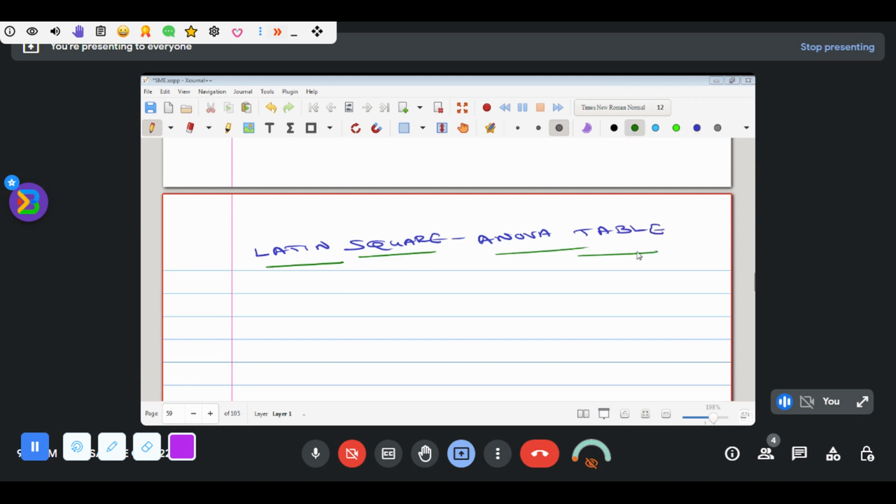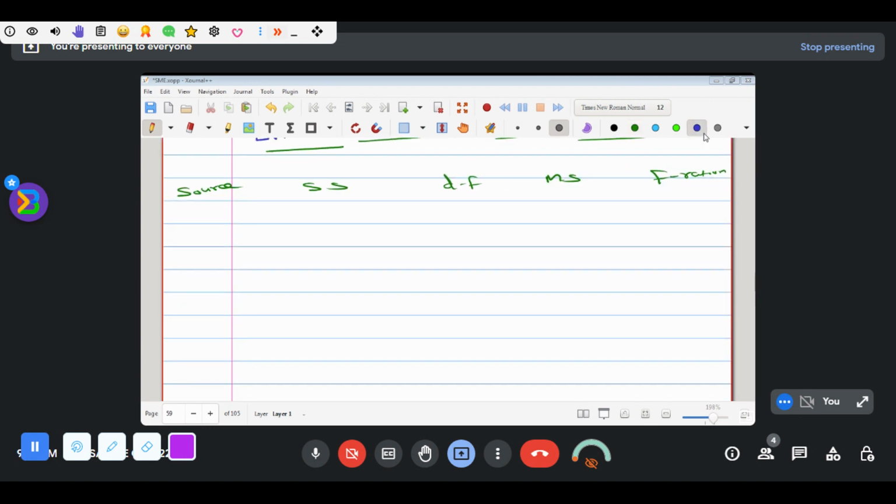So it is the same work here. Source of variance, sum of squares, degrees of freedom, and now MS (mean square) and F ratio. Then what is the work here?